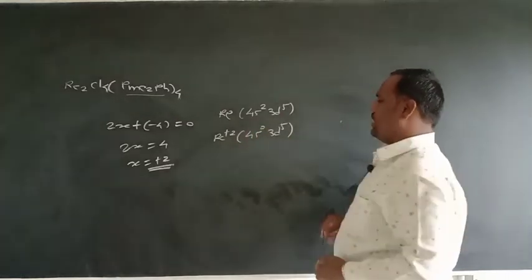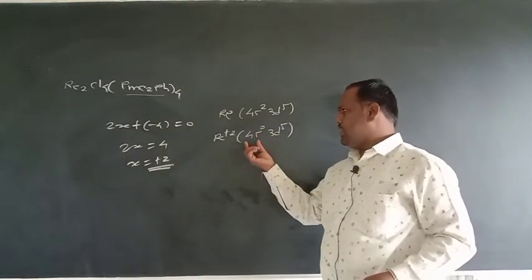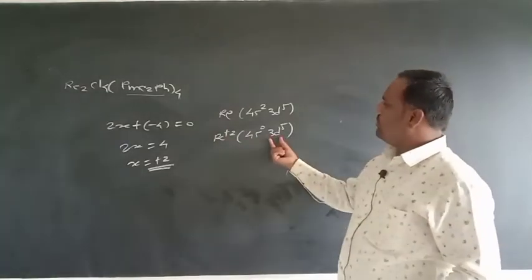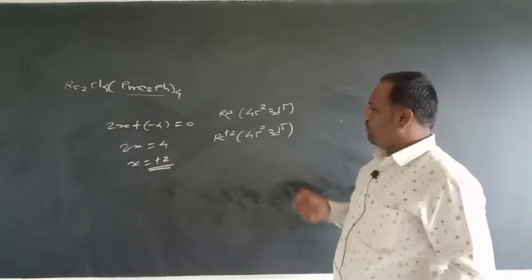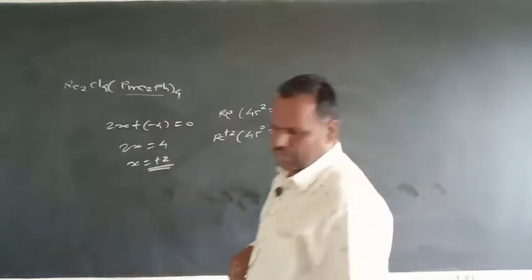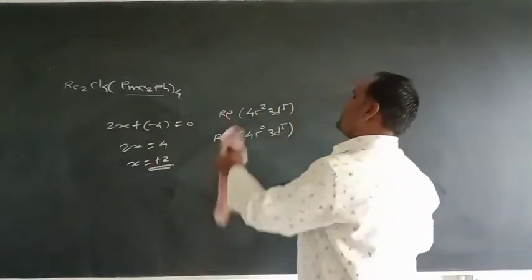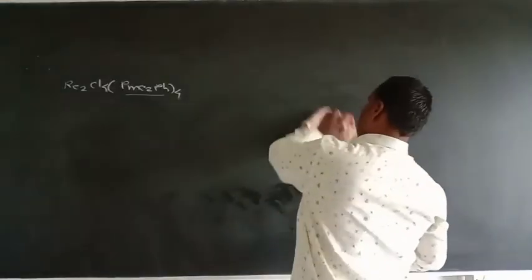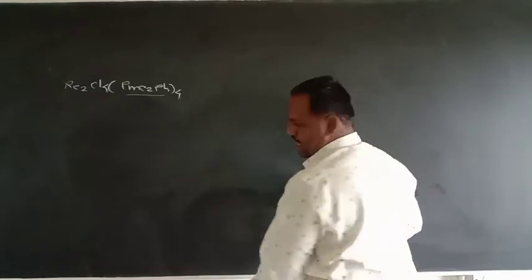So each rhenium has configuration 4s0 3d5 in the +2 oxidation state, and it will contribute 5 electrons to form the metal-metal bonds.